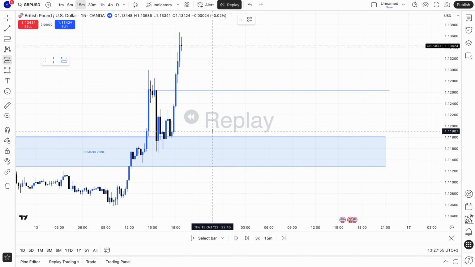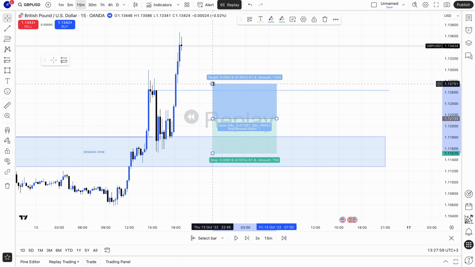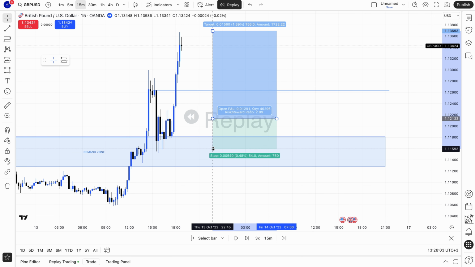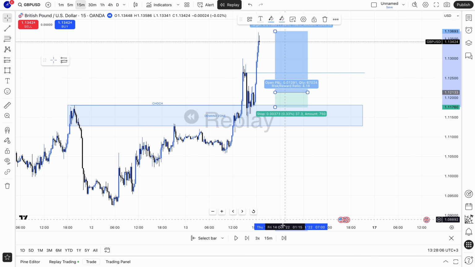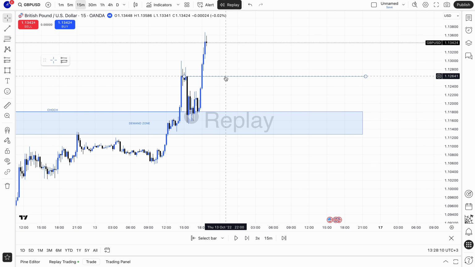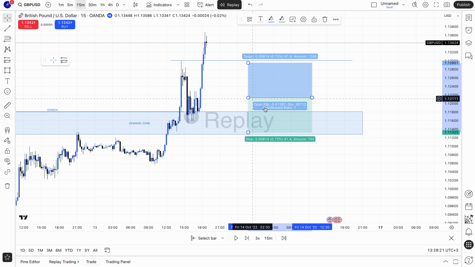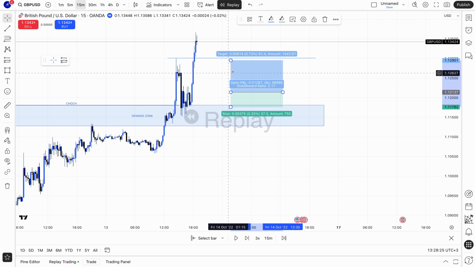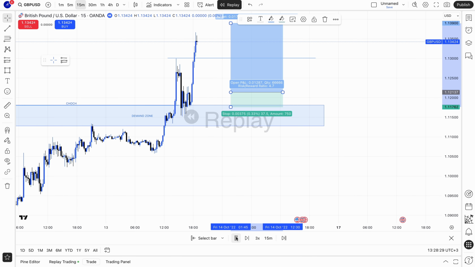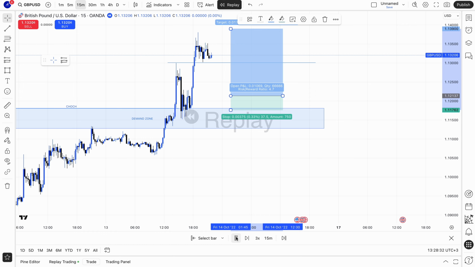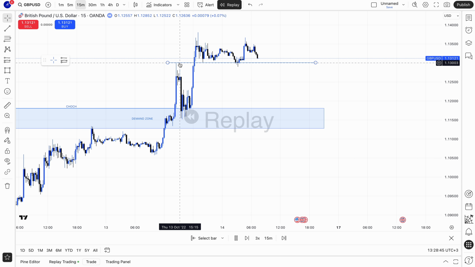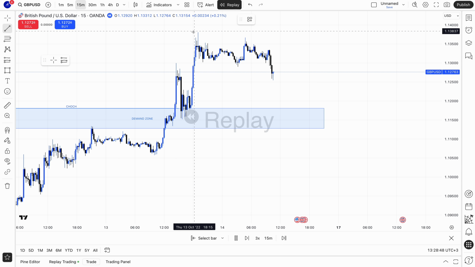And this last candle, this one. It's a break here.